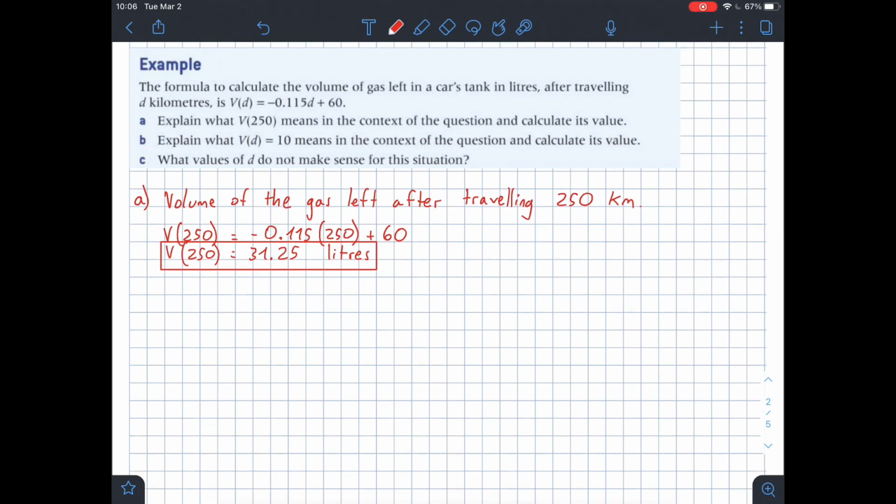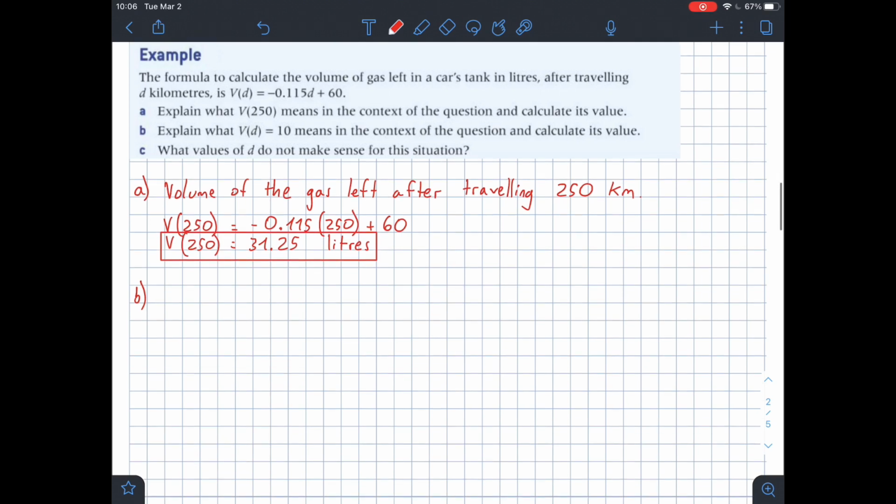Okay, then moving on to part B. Part B says the following. Explain what V of d equals 10 means in the context of the question and calculate its value. So now we have that V of d is equal to 10. So what does this mean? First of all, the 10 means that I have 10 liters of gas left in the tank.